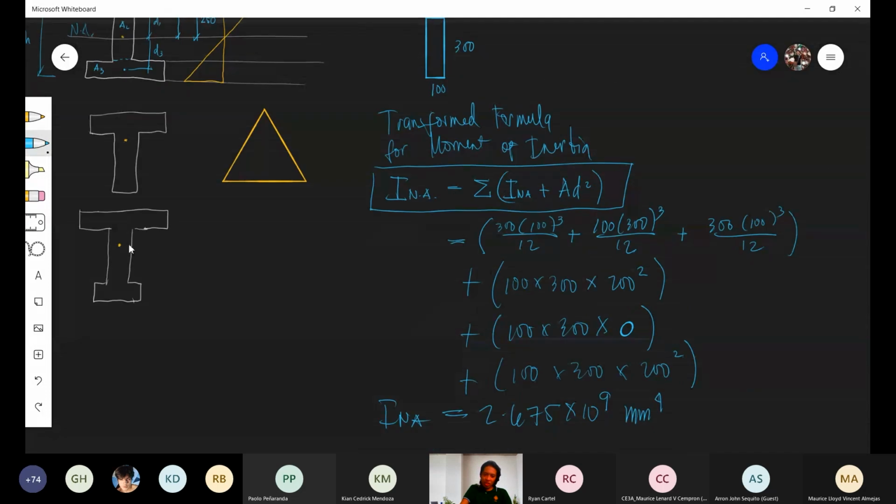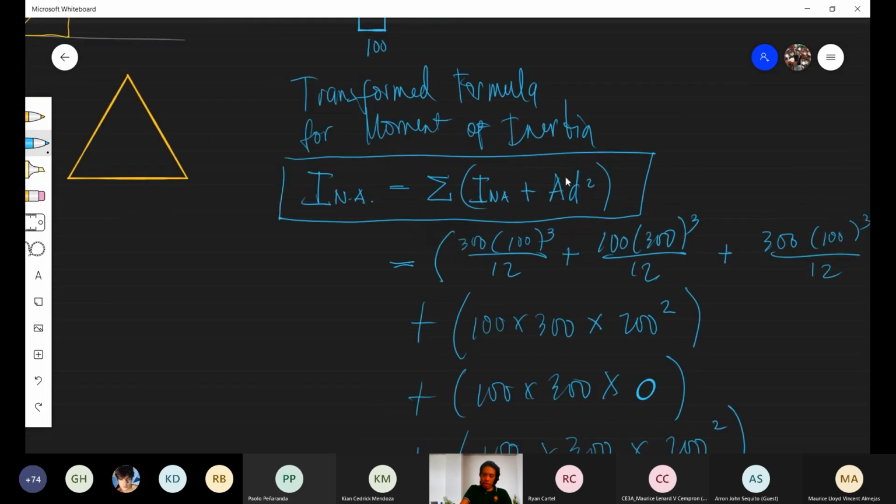We need to locate the centroid because we need that in solving for the value of d. d is the distance of the centroid of each individual shape to the centroid of the collective composite shape.